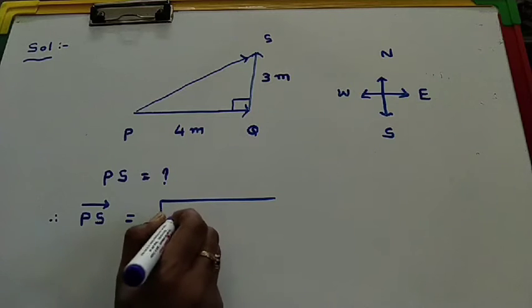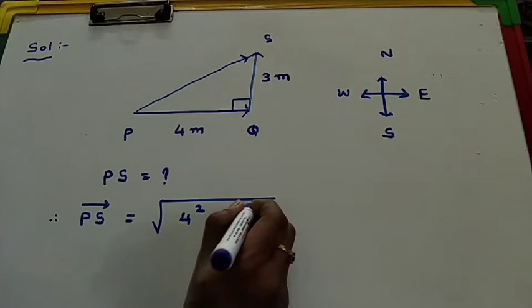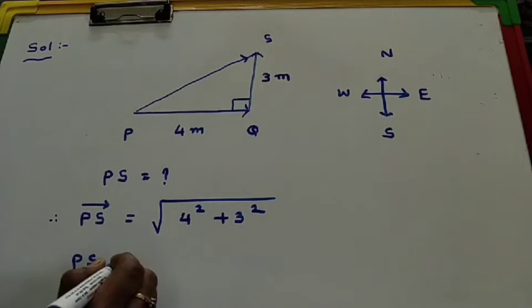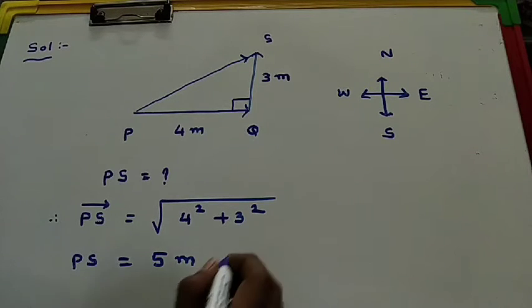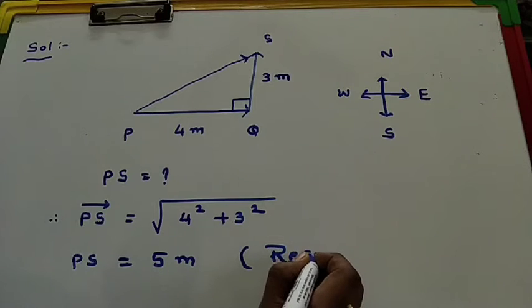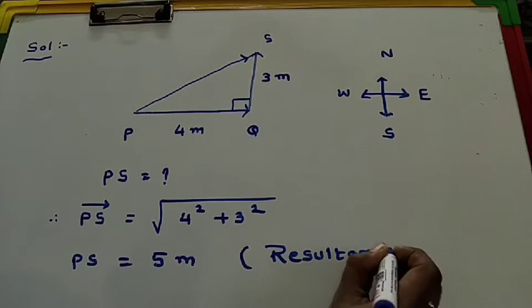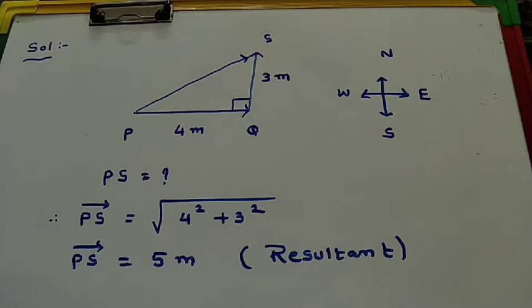That is 4 meter square plus 3 meter square. Therefore, PS is equal to 5 meters. This is called the resultant. So PS vector is equal to 5 meters. We have to solve the numerical like that.